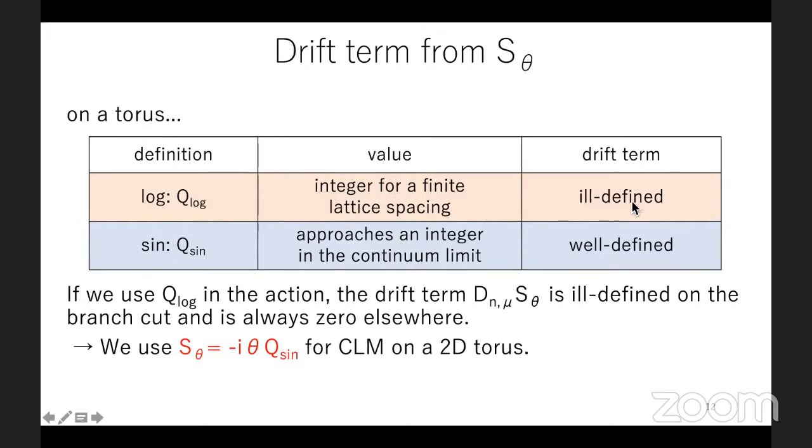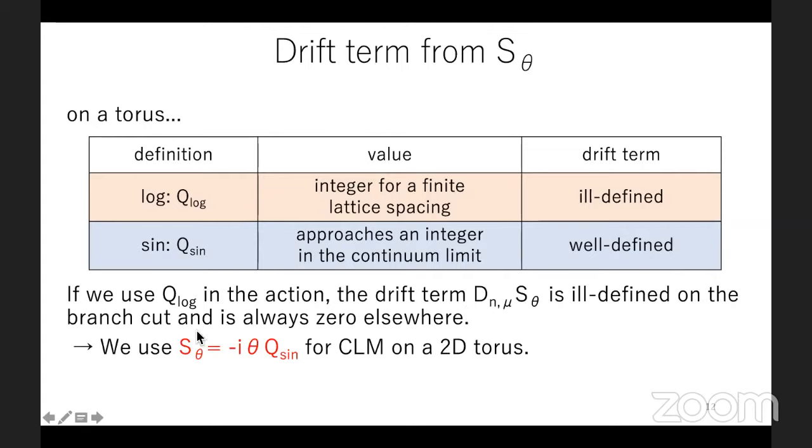However, there is a problem, and the problem is the drift term. Since the logarithmic definition gives a discrete integer value, the derivative of Q log is ill-defined. So we cannot apply the complex Langevin method if we use Q log. On the other hand, Q sine gives a well-defined drift term.